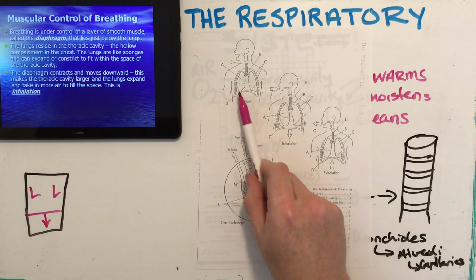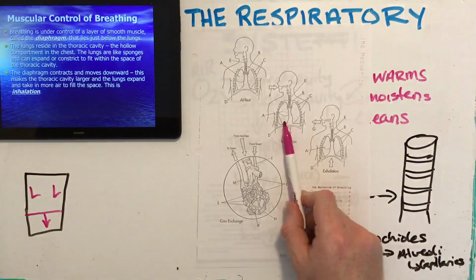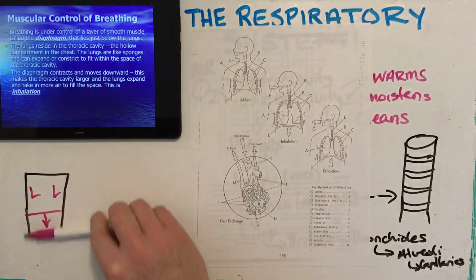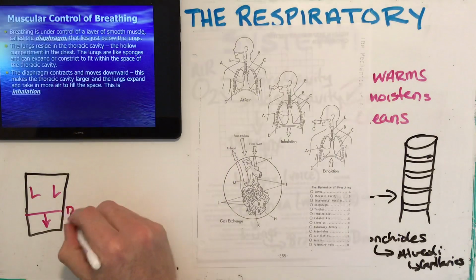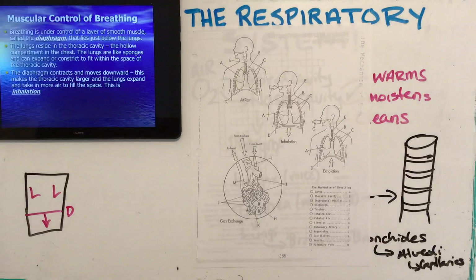What happens, you can see it here, my lungs are a decent size, but when the diaphragm moves down, they're much larger. They have to fill that void created. So when the diaphragm moves down, that's this pink line, it creates more space, and oxygen, air, rushes into the lungs to fill up that space. And the lungs increase in size.